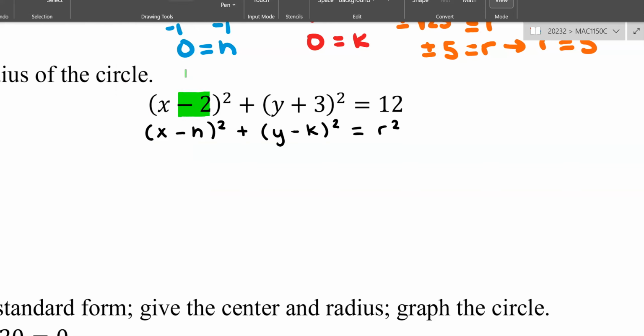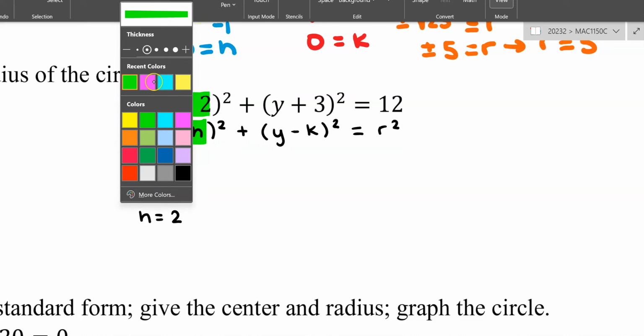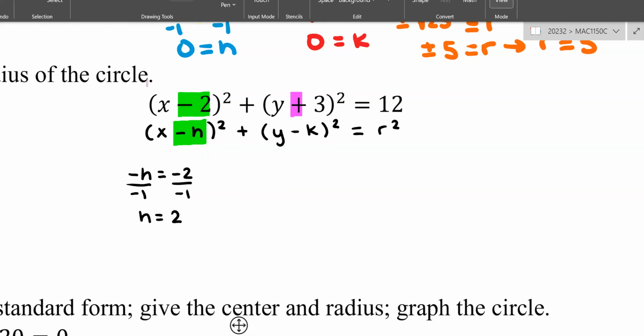I know that minus 2 has to be the same as minus h, which if I divide both sides by -1, I get h equals positive 2. And then over here, positive 3 has to be the same as minus k. So minus k equals positive 3. And to get k alone, I'm going to divide by -1. So k is equal to positive 3 over -1, which is -3.